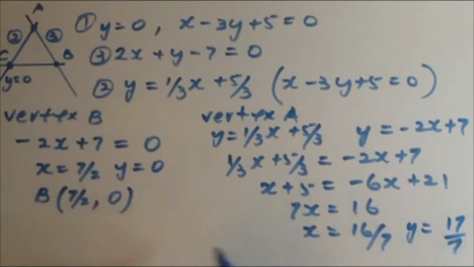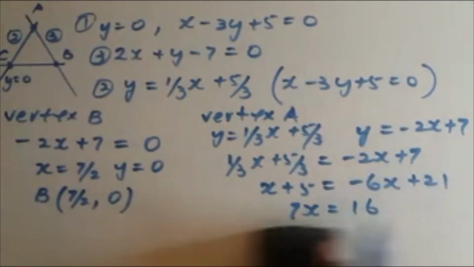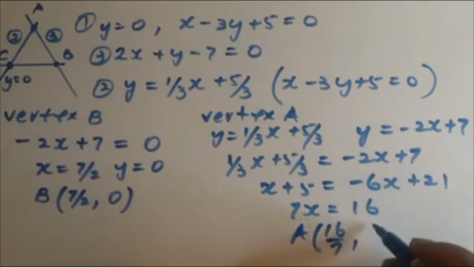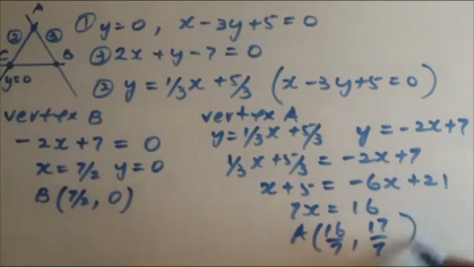So the vertex A has coordinates 16 over 7 and 17 over 7. Vertex A, 16 over 7, 17 over 7.